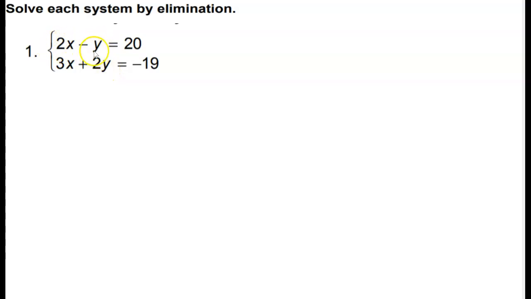If we could just multiply this by 2, we'll get negative 2y and positive 2y. So I'm just going to multiply that top equation by 2. Like I said, you see how it looks like a distributive property. That's how I do it. We'll multiply it all the way across: 2 times 2 is 4x, 2 times negative y is negative 2y, and 2 times 20 is 40.